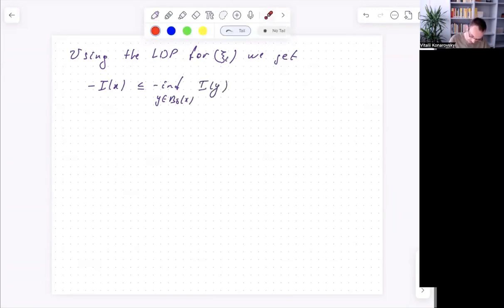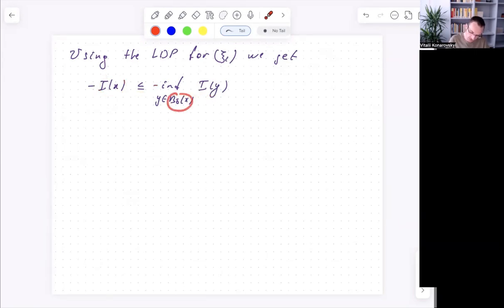Because the point x also belongs to the ball, and I of x is larger or equal than the infimum over the ball, but here you have minus, therefore you have the inequality in this direction.